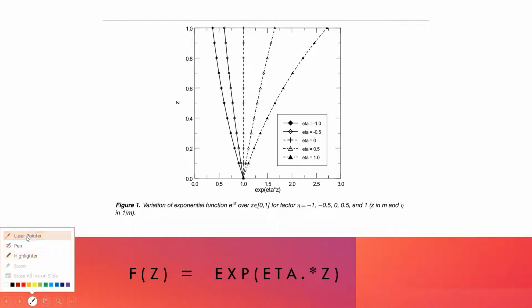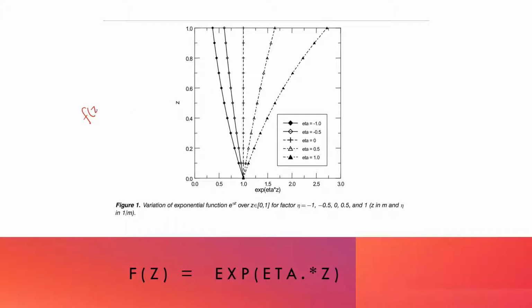So let's take a pen. Our function is fg equals e to the power eta z. First of all, we should know that z is a vector, and that vector is a column vector.